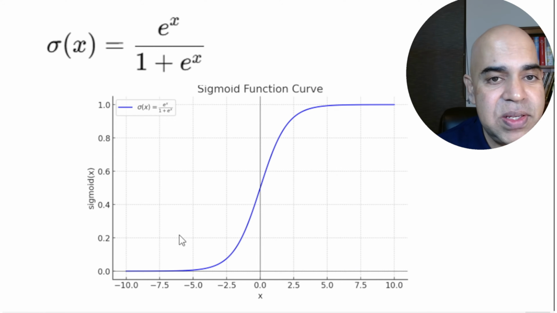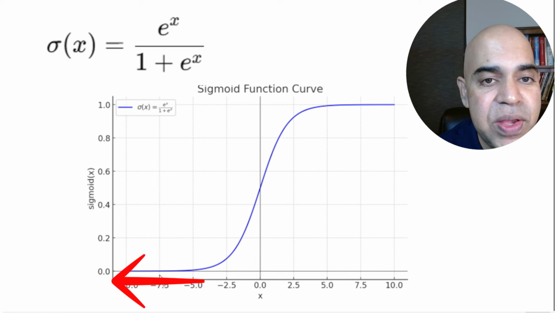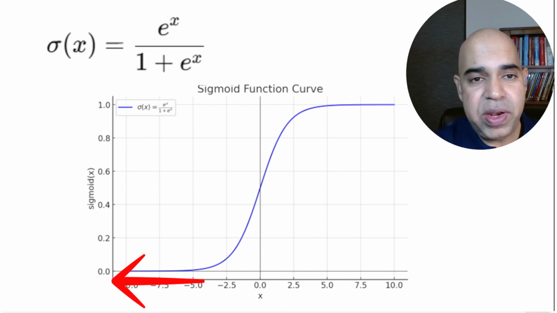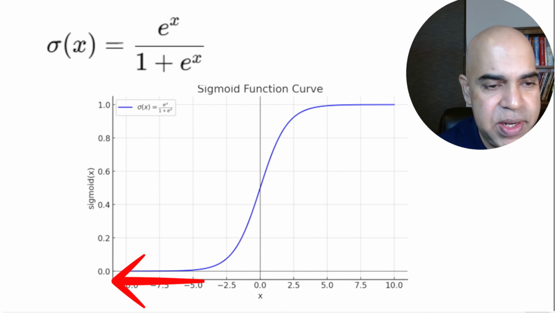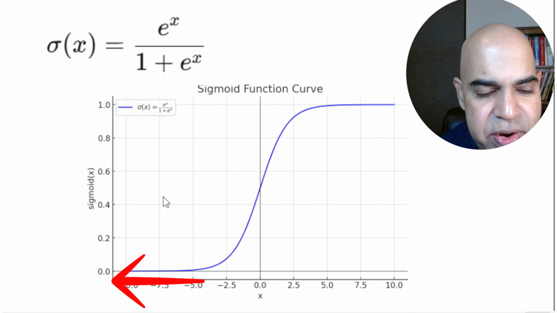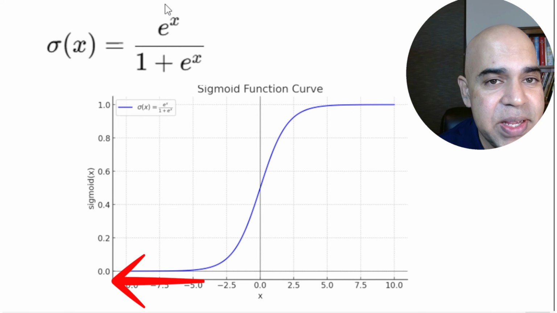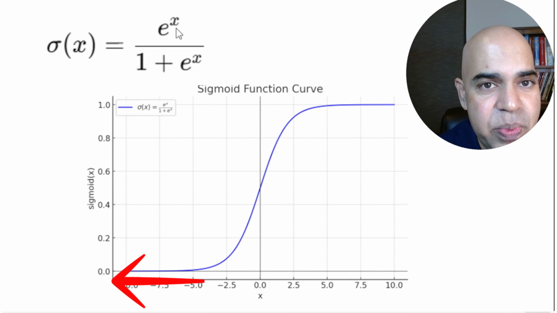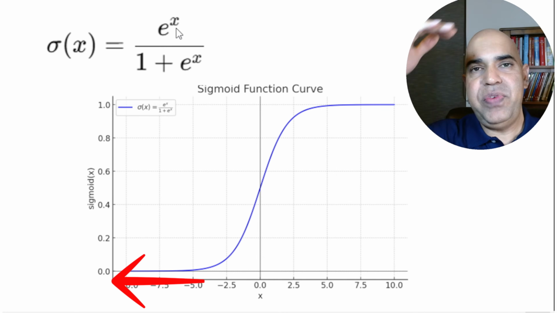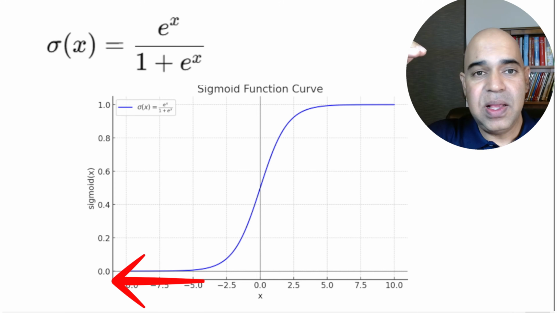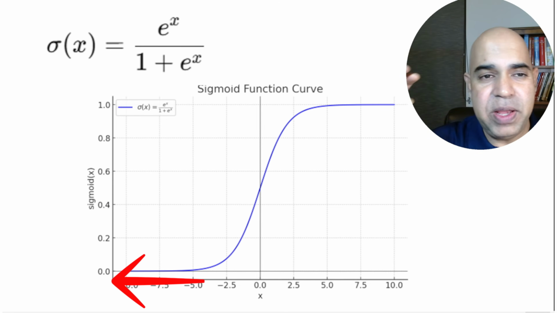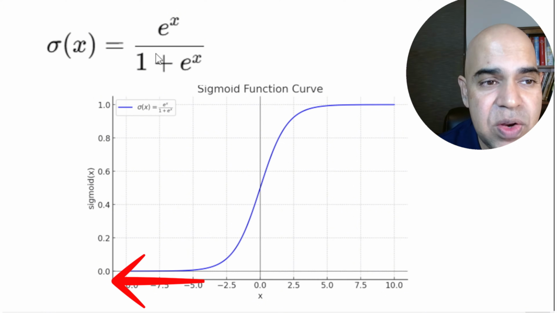Now let's consider the negative side here. If you have a very, very negative number, which is large in the negative side, then what happens? So e to the power minus x, where x is very large in the negative direction, would be 1 divided by e to the power x. So in the numerator itself, you have 1 divided by e to the power x, which would be a very, very small number, very close to 0.